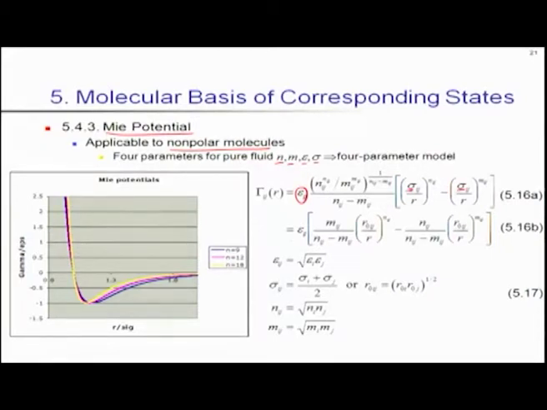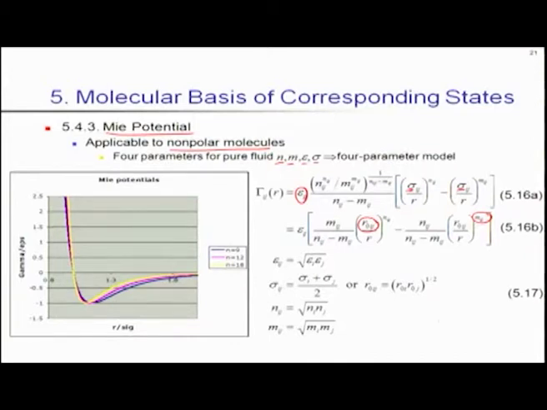So, this can be rewritten in this form: epsilon ij, with m_ij, n_ij minus m_ij, and r0 ij divided by r to the power n_ij and m_ij, and this is again written in terms of m_ij. So, it appears to be very complex, but the reason for designing it is that it allows some flexibility in the potential by parameterizing to specific molecules or fluid properties and obtaining the right values of n and m.